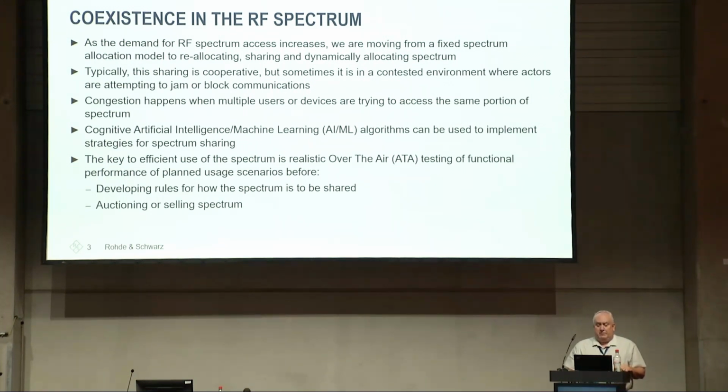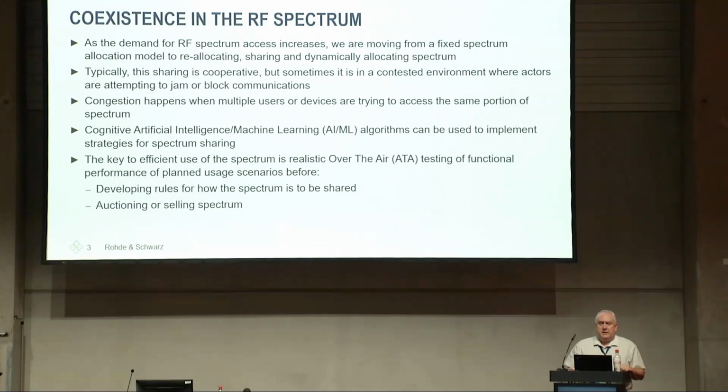Obviously, congestion happens when multiple users or devices are trying to access the same portion of the spectrum. I'm going to come back a little bit later on to talk about some of the cognitive artificial intelligence and machine learning things that are going on. I was part of a DARPA program called Coliseum, which was at the time the world's largest spectrum emulator, basically to create algorithms for AI and ML sharing.